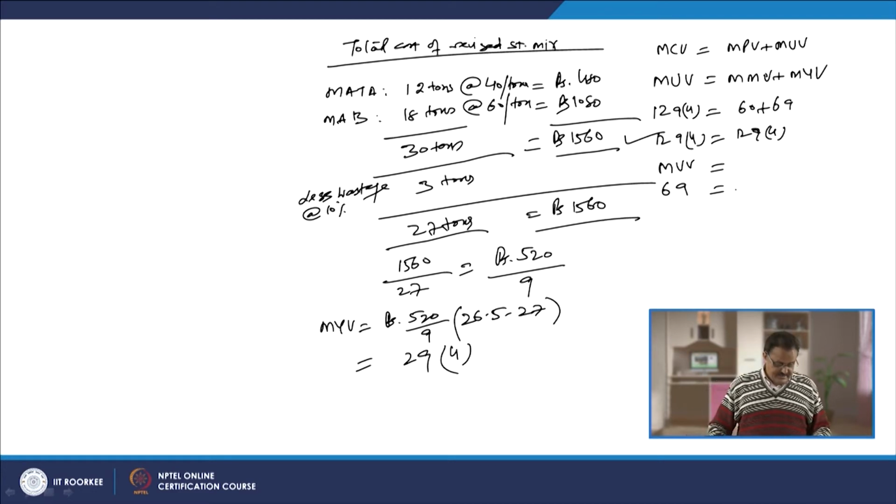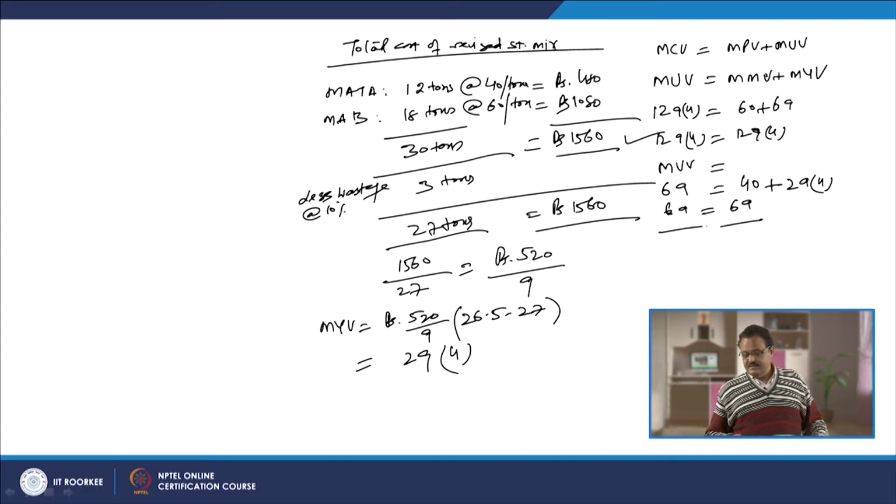We have calculated the material mix variance already. The mix variance was 20 unfavorable, plus the yield variance we have calculated is 29, again unfavorable. Both variances being unfavorable, you can find out that 69 is equal to 69. So, you can confirm that all the 5 variances we have calculated till now are correct, and there is no doubt about that.